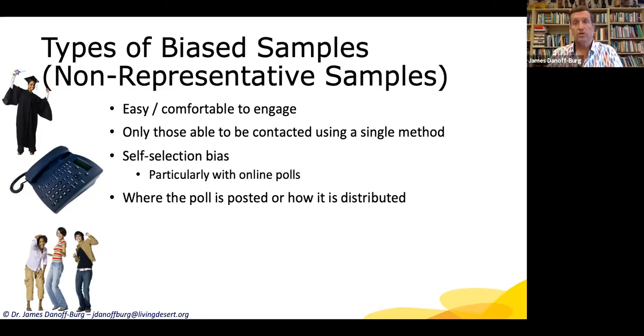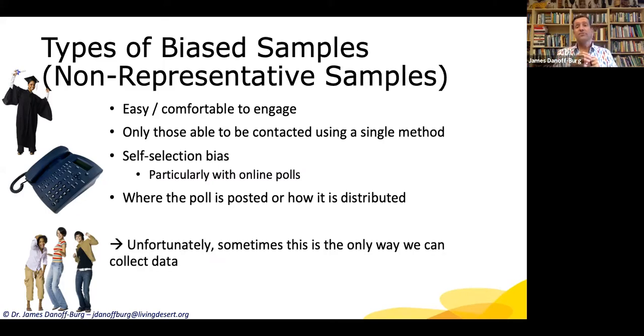And if we don't get a sample that allows us to sample from across the whole population, we will not have a representative sample. It's a little circular, but you see what I mean.